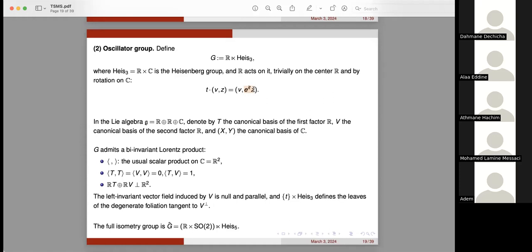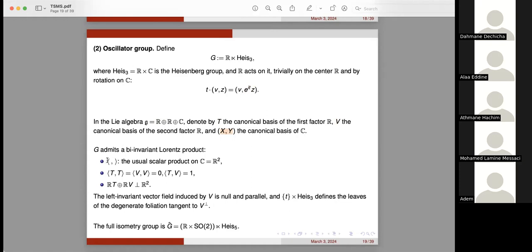This is a Lie group, and I consider a basis of its Lie algebra. T generates the first R factor, V generates the center of Heisenberg, and X, Y generate the supplementary of the center in Heis.